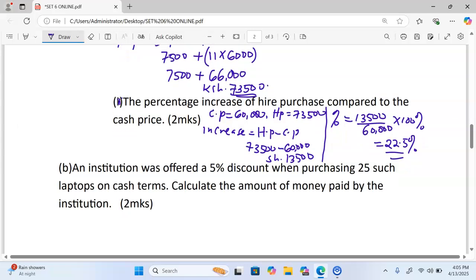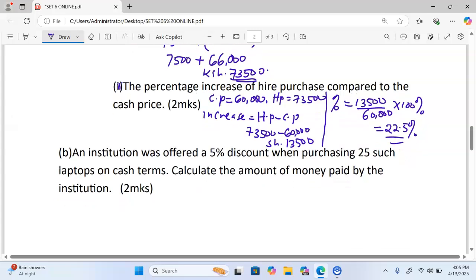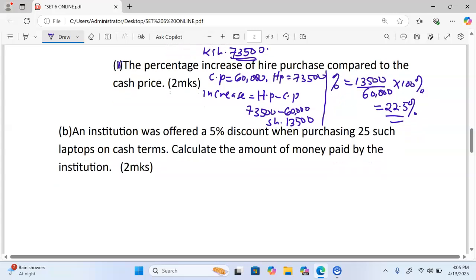Part B, an institution was offered a 5% discount when purchasing 25 such laptops on cash terms. Calculate the amount of money paid by the institution. Let us get the total cost of 25 laptops.